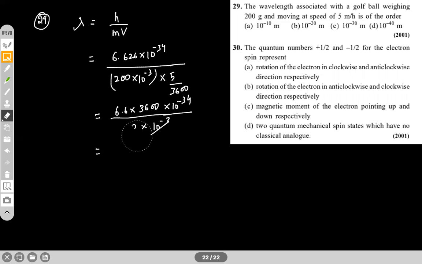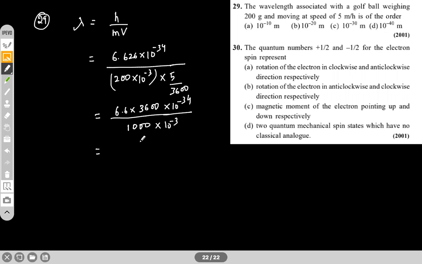So it's a calculation mistake. 5 into 200 is 1000, so 1000 into 10 to the power minus 3. That's right. Okay, so we need to solve this.